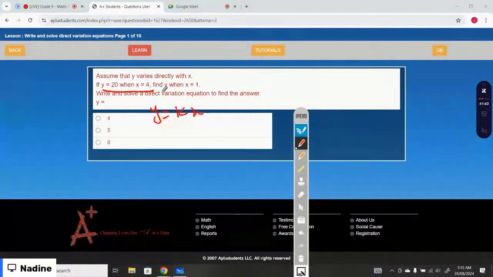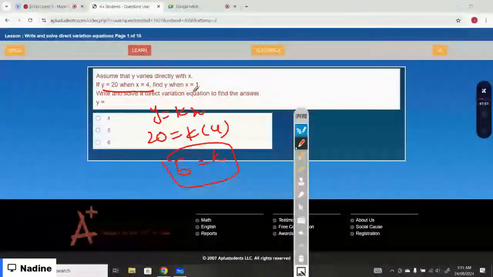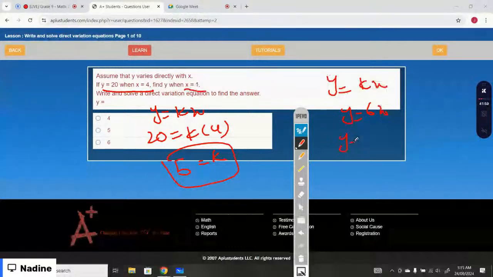Y equals kx, y is 20, x is 4. Divide, and we know that k equals 5, right? Now use this k to find the value of y. We know that y equals kx, k is 6, x is 1. 6 times 1 is 6. So the correct option is y equals 6.